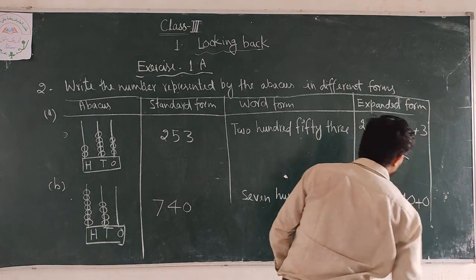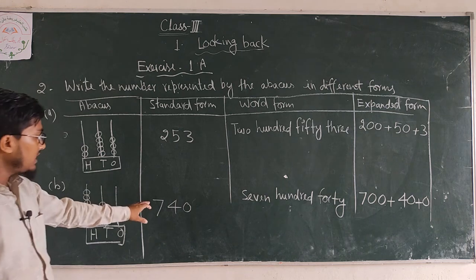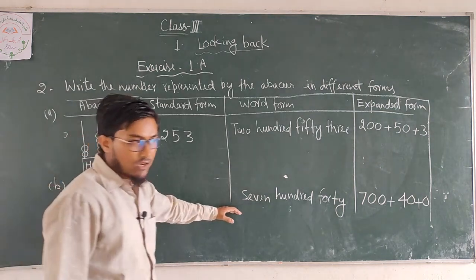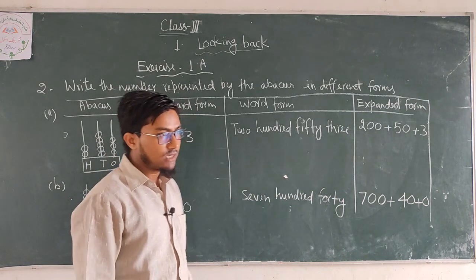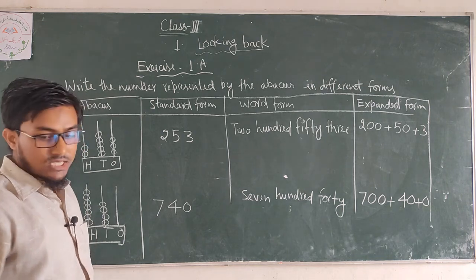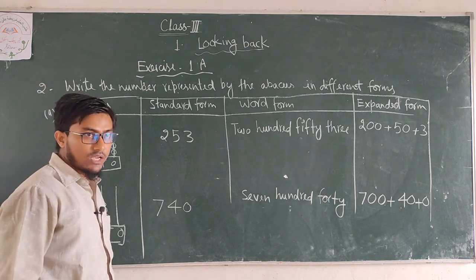You can write this, okay. So for the given abacus, we write the standard form 740, and also the word form and the expanded form. Now question number 2, you can do questions C and D also. Okay, so I stop here.